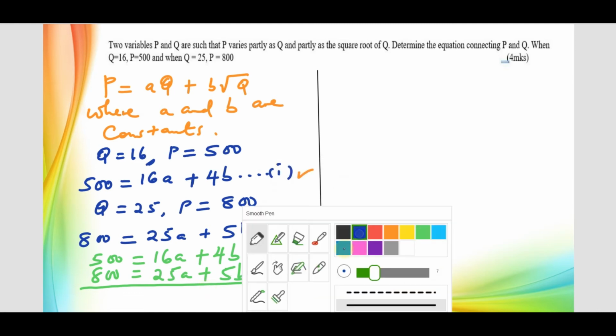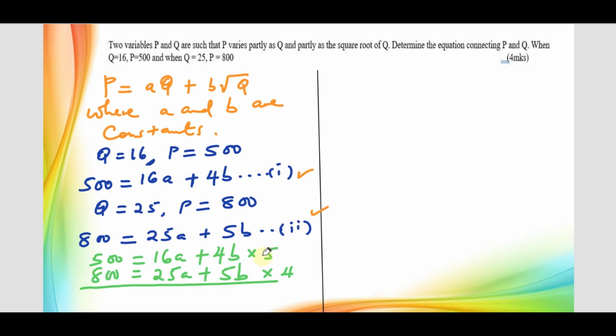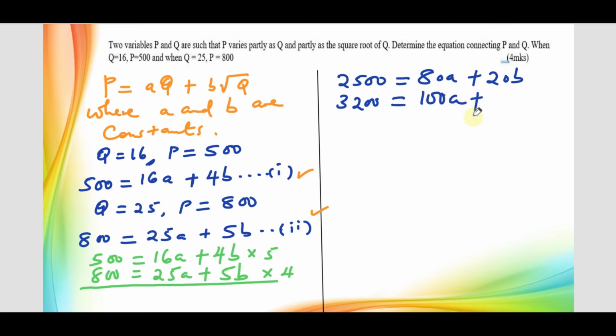So when we are multiplying these, we'll multiply everything by 5. That gives 2500 is equal to 80a plus 20b. The second equation, you multiply everything by 4. This will give 3200 is equal to 100a plus 20b.